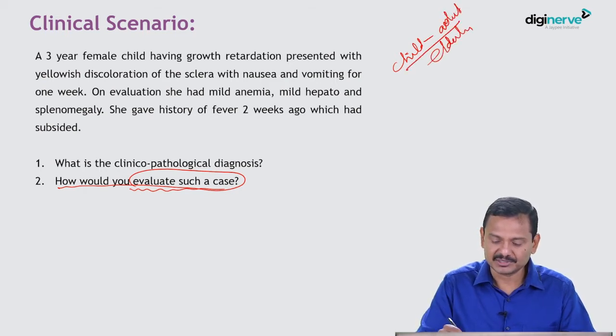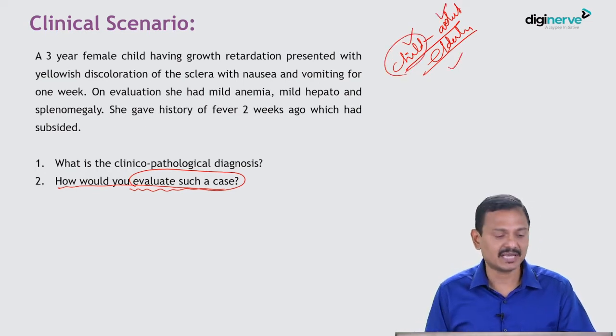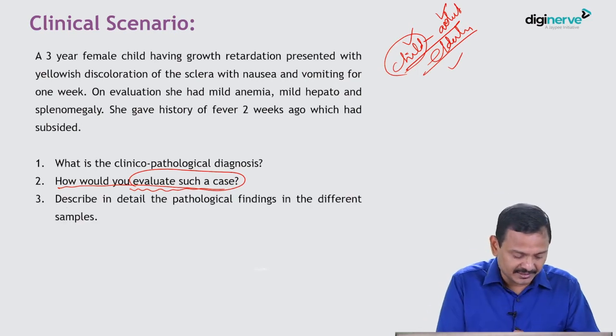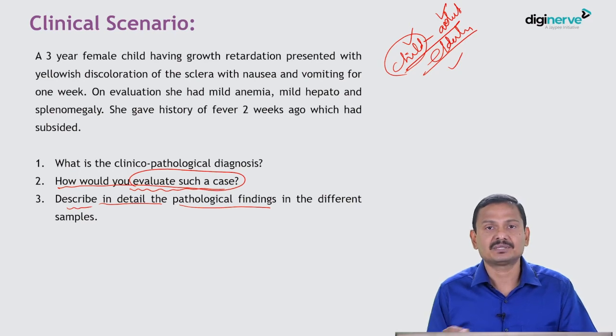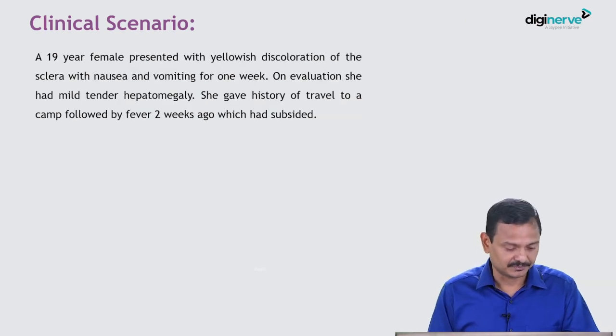Okay, and I will be giving you case scenarios in each category. Now we have discussed the child, then we will go to the adult. Okay, and here describe in detail the pathological findings that we will be discussing in our session.